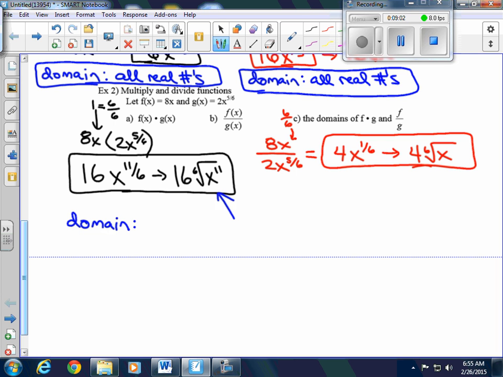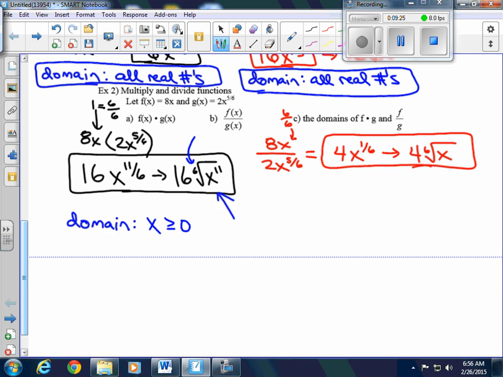So if this index number is even, 2, 4, 6, 8, 10, that's an even number, then you cannot have any negative values. Okay? So in this case, the domain is going to be x must be greater than or equal to 0.